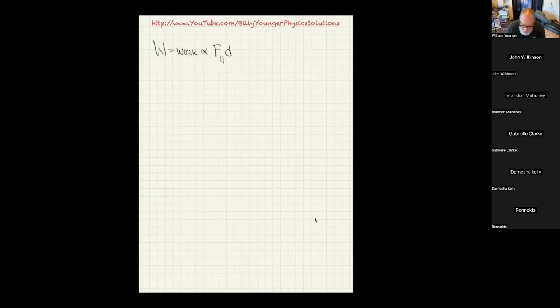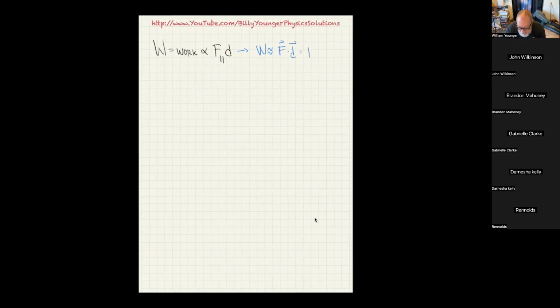So one way we can do this, for starters, at least getting the F parallel D part, is we can say work is approximately equal to, because this one isn't considering the case where the force could vary, F dot D vector, where again the D vector is the displacement vector.